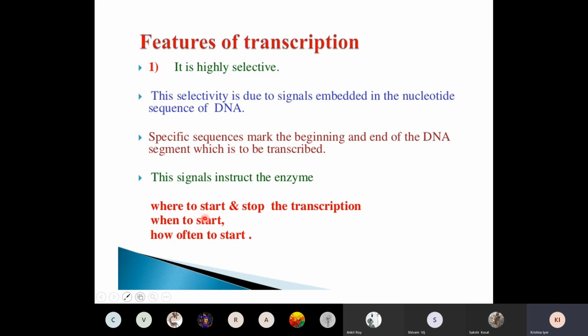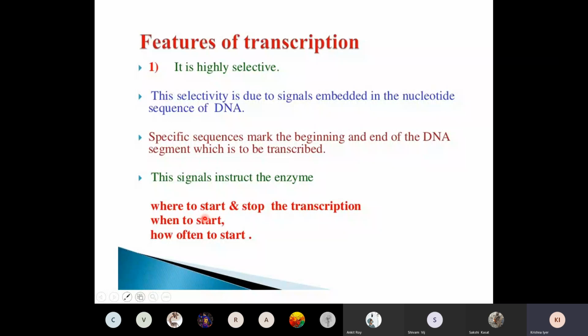That is one very interesting feature of transcription. Because you start at some point and end at some point along the DNA, there might be several such start and stop points, and these are what we call genes, because this is what is going to code for something, either an RNA final product, or RNA which will later become a protein.